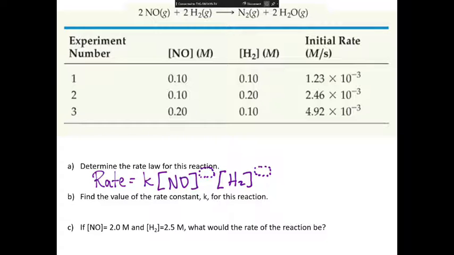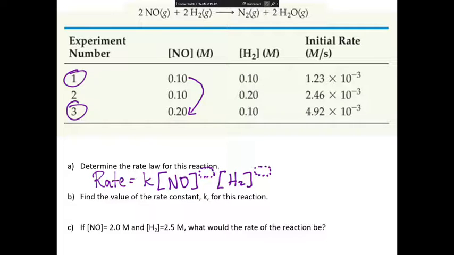Where is H2 held constant? 1 and 3, yeah. So they separated them for that one, huh? Last time they were nice and neat in order. This time, because there's only 3 experiments shown, if we look at 1 and 3, we can see that NO doubles while H2 is held steady there.